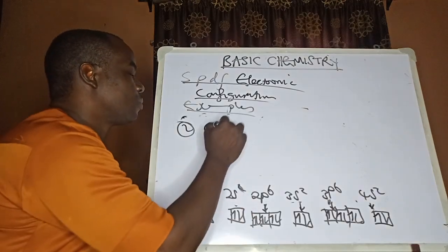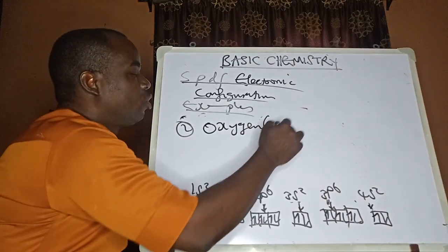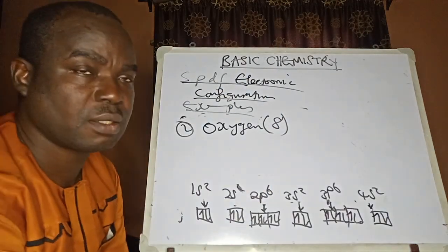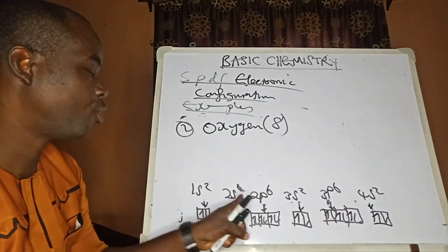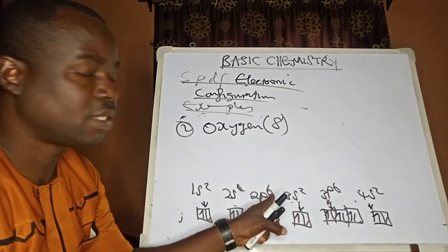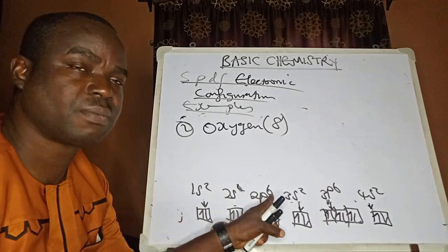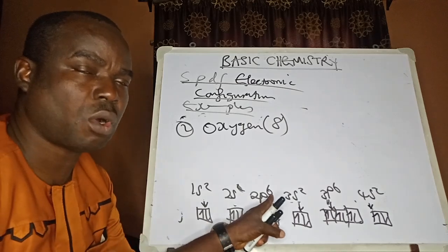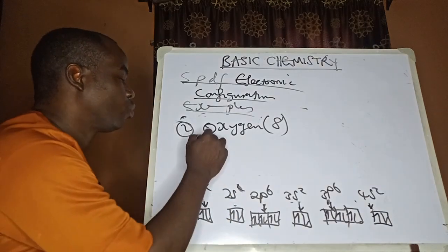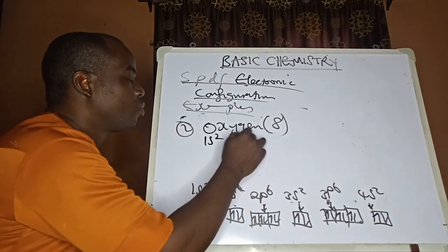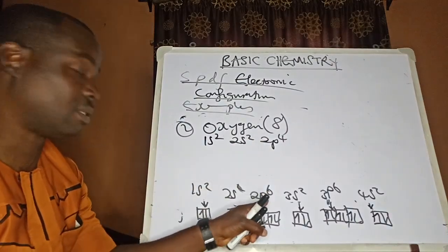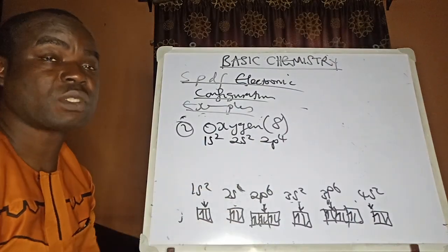Oxygen is number what? 8, right? Now let's do 8. 2 plus 2 is what? 4, right? 4 plus 6 is 10. So I'm not picking the whole 6. I'm picking 4 so that I can make it up to 8. So I now have 1s2, 2s2, 2p4. You see why I have 4 here? I didn't pick 6 because I need 8.